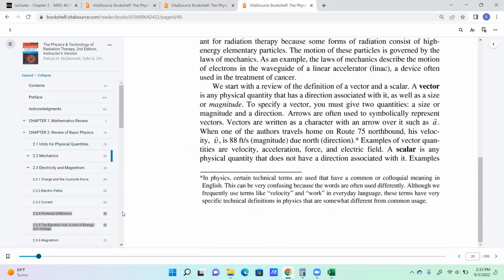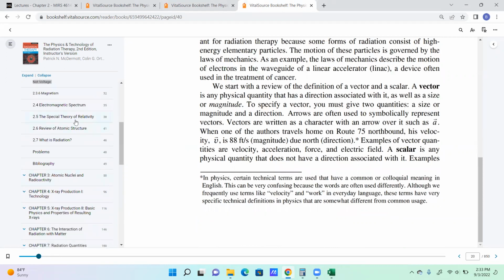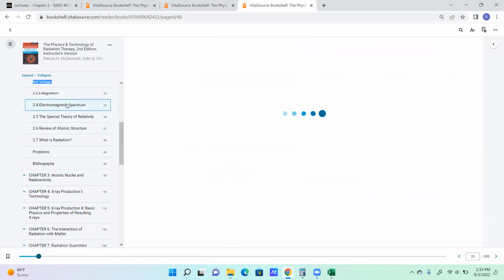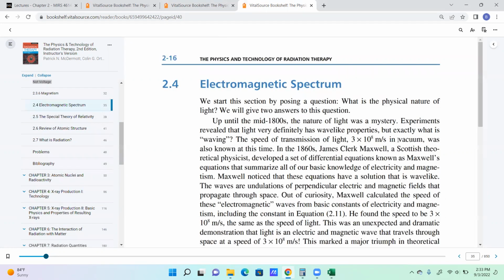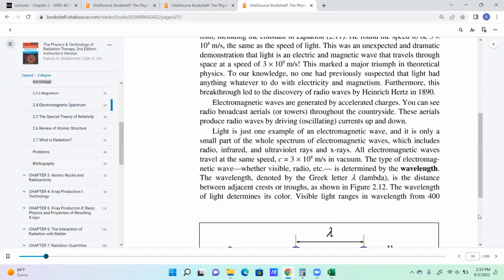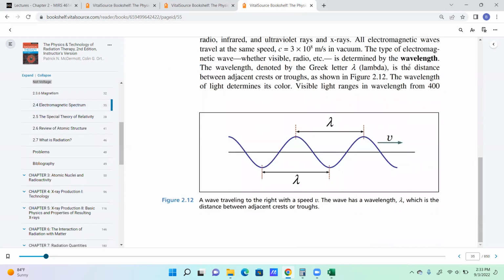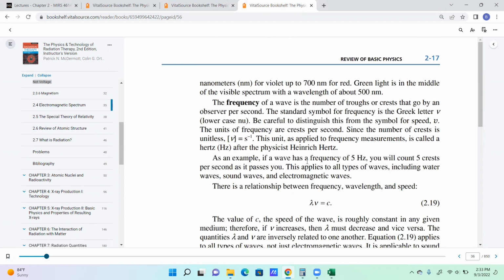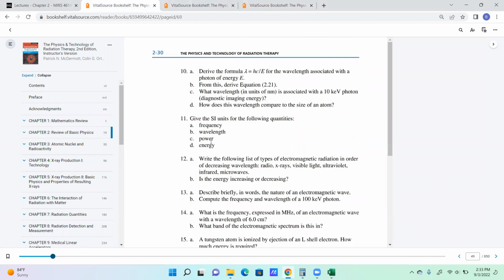Okay, well, let's go to spectrum. Okay, you can see the SI unit here is the hertz for frequency. For wavelengths, you're probably looking at something with nanometers. Power, again, is going to be joules. I'm sorry, power is going to be watts. Energy is going to be joules.